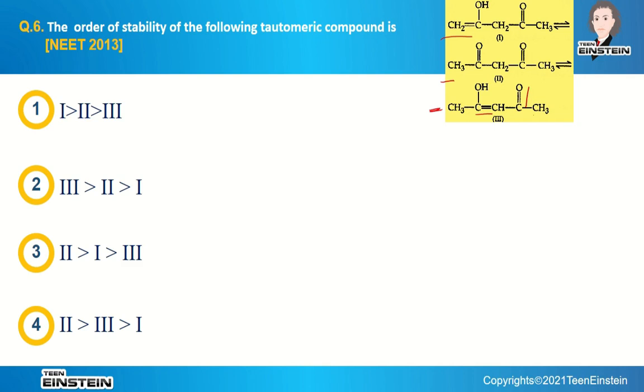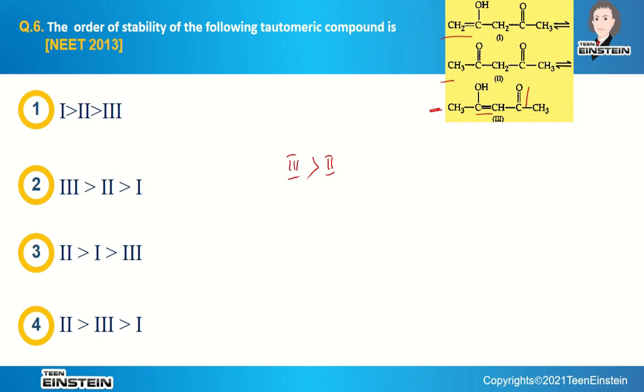Thus the order of stability comes as follows: the most stability is for the third structure, and compared to 1 and 2, the stability is more for the second structure, because the first structure is less stable than the second tautomer.